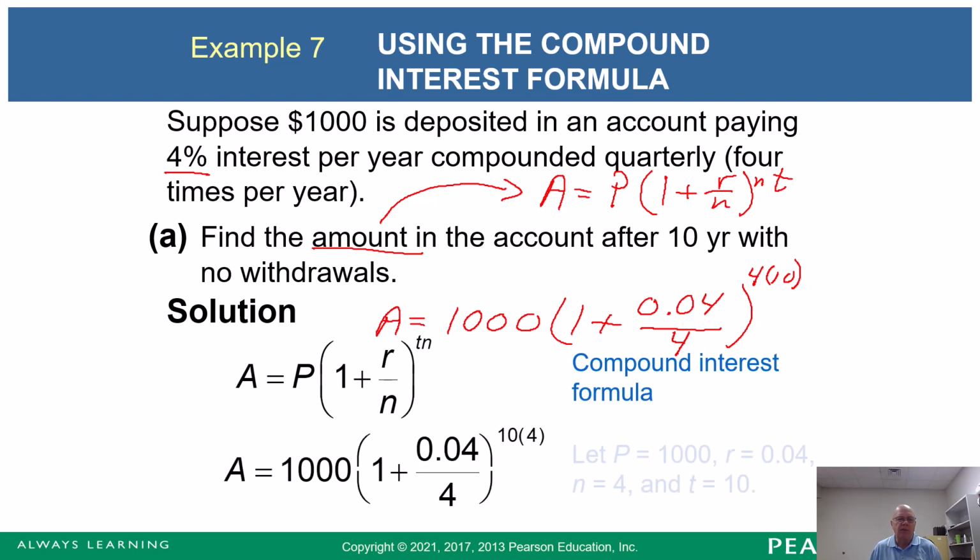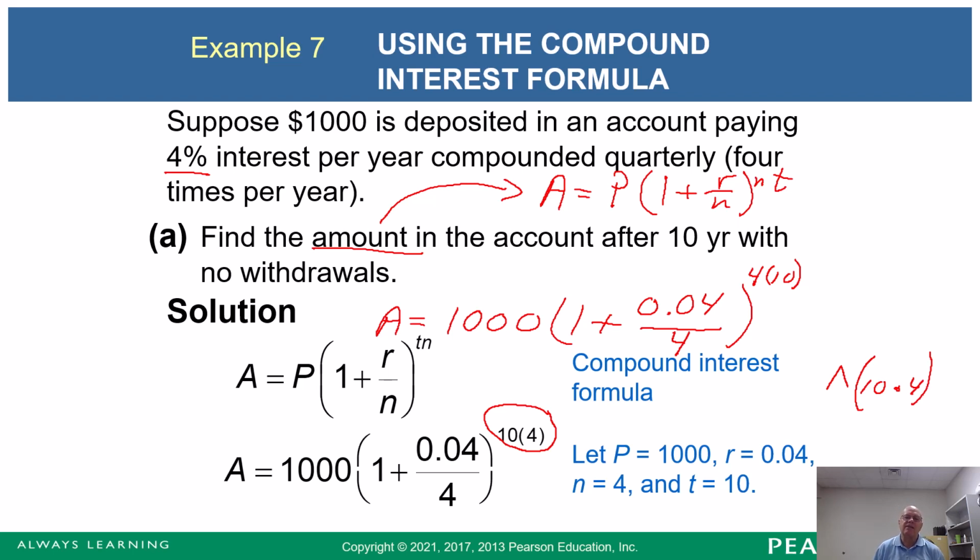There's the formula. There's the numbers being put in. Notice in this exponent, especially if you're using a TI-83, when you get out here to the end and you make your exponent, make sure you put the 10 and the 4 in parentheses, so it uses the result of that as the exponent.